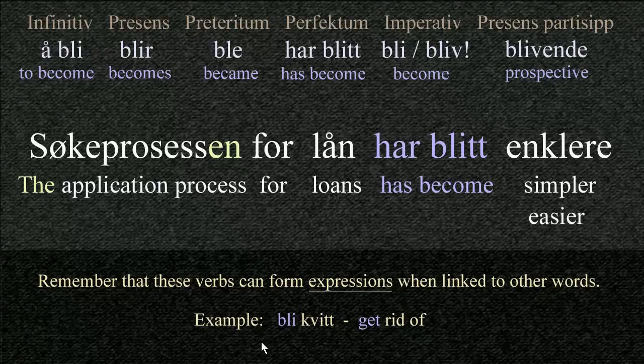Down here, I just put this in because sometimes these verbs also get combined to form little expressions, and so they behave differently than they would normally behave. Like, it still means to become rid of here, but bli kvitt actually means get rid of. My point here is, don't base your knowledge of this verb on the way it's used in some expressions.